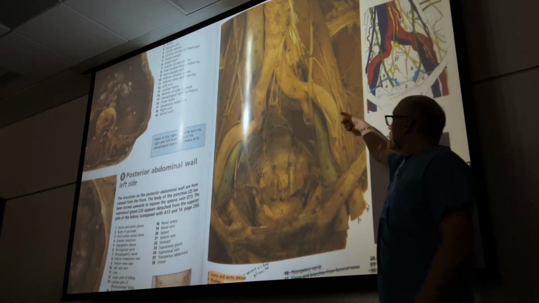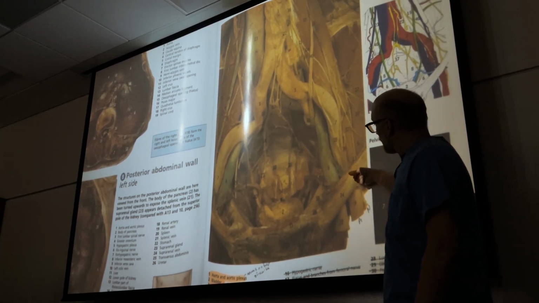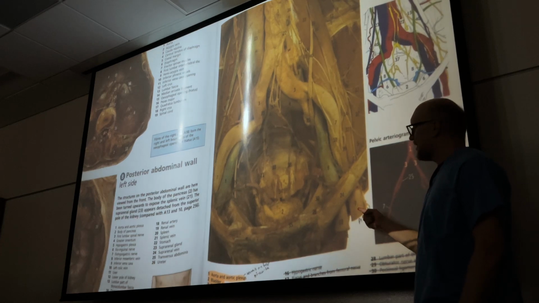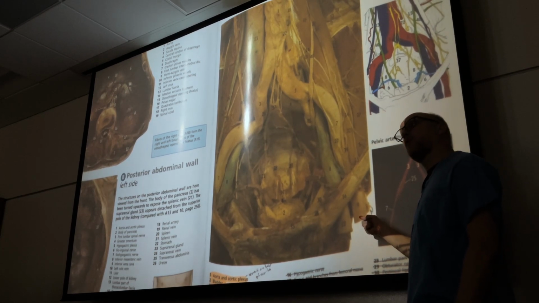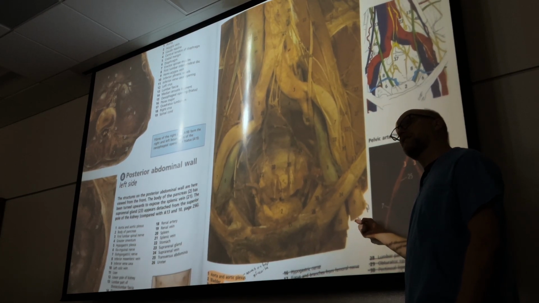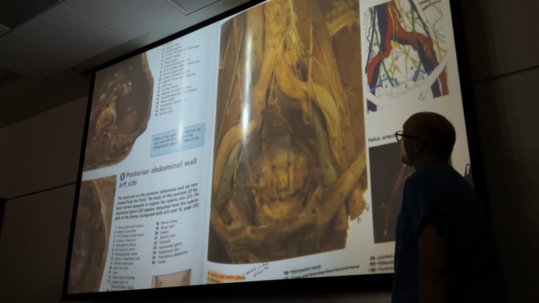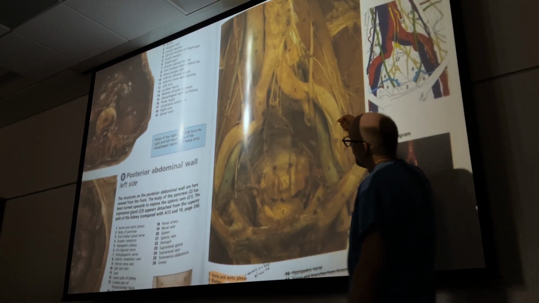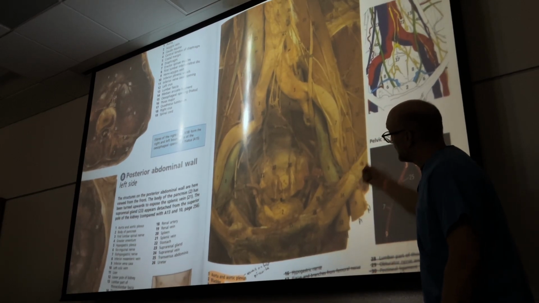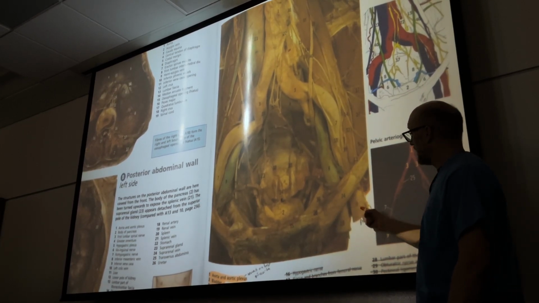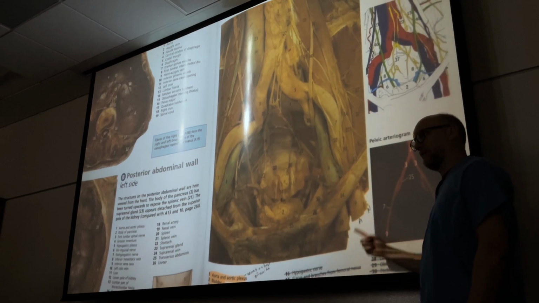But once that external iliac artery crosses the inguinal ligament, then it becomes the femoral artery. And that is the site that we stick for ABGs.